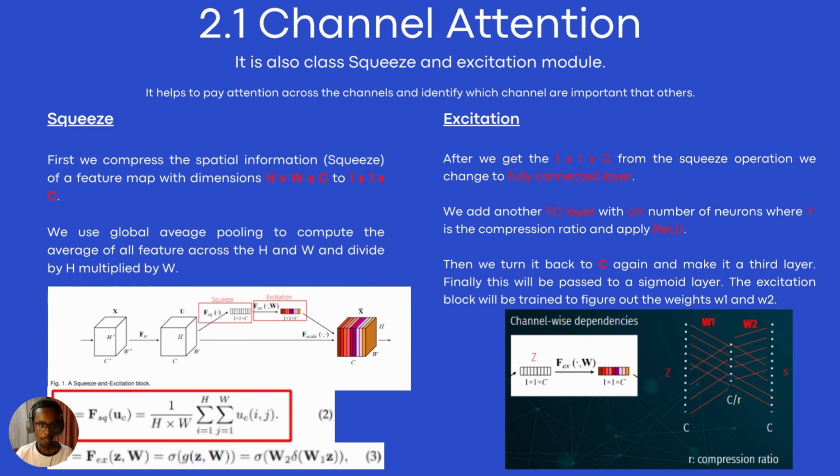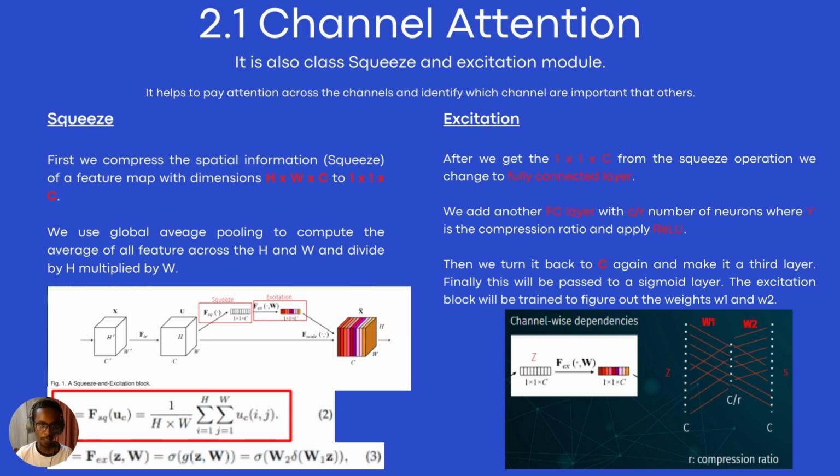Squeeze means if you have an input feature map with a height, width, and number of channels, first we compress the spatial information, or we squeeze the height and width information into a 1x1 feature map.